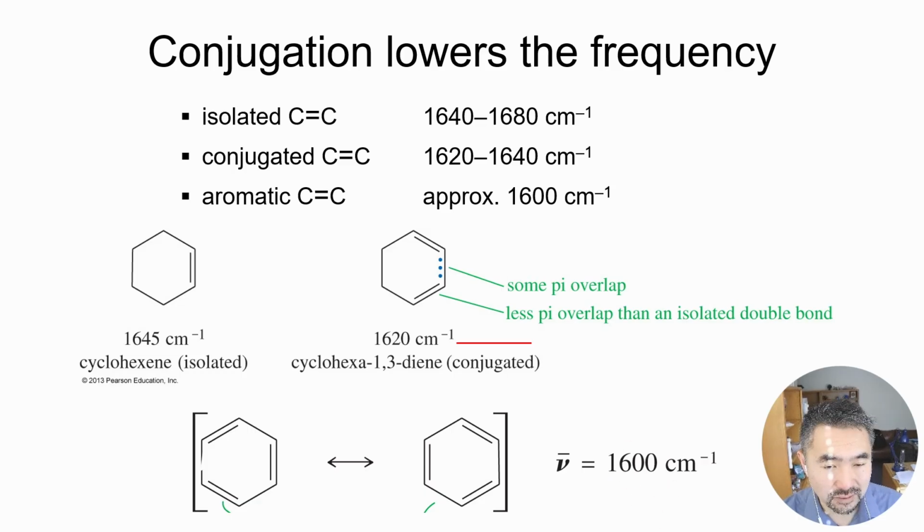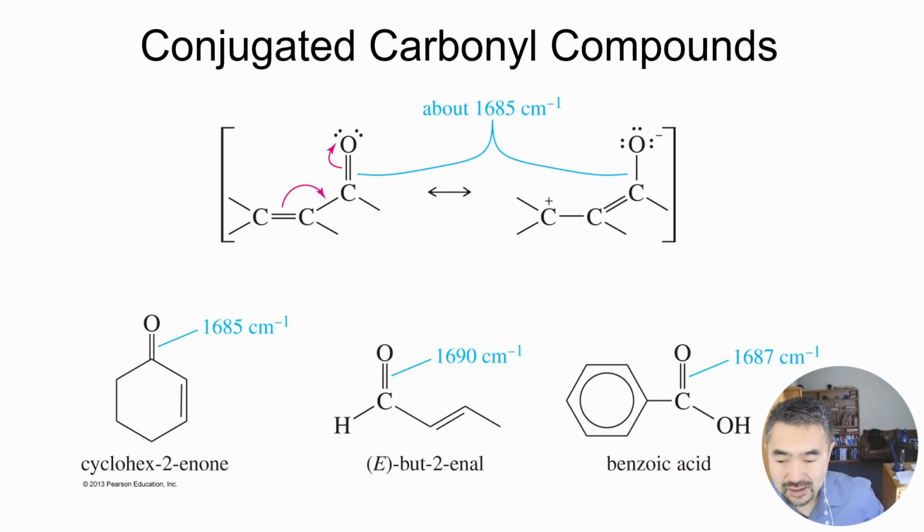So even lower wave numbers. Now, you could say the same thing about carbonyl pi bonds as well. And if you see a really strong peak at like 1680-something, that often is an indication that you've got a carbonyl, but it's conjugated to another double bond, and therefore it's a lower wave number. So this wave number really is diagnostic.